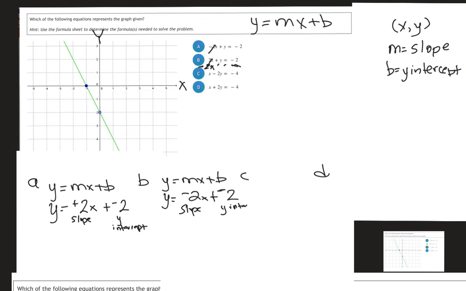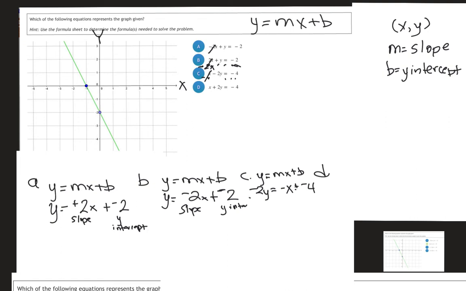Now we're going to work on C. Y equals mx plus b. We have a negative 2y. When we move this x, we subtract it. It disappears, but it has to be subtracted from both sides. And we have the plus and negative 4.